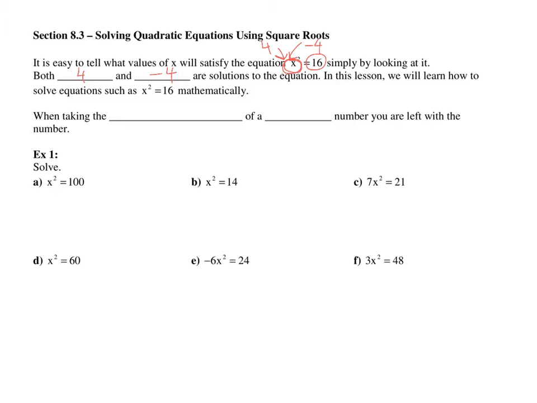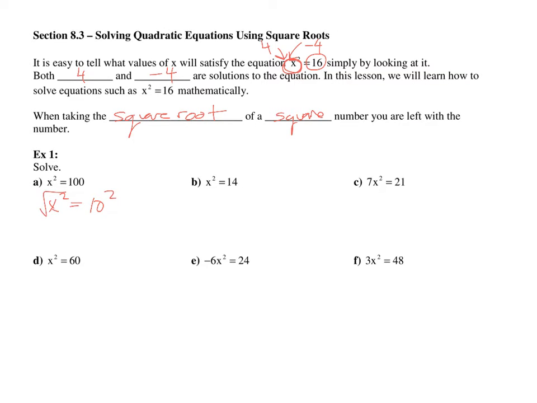In this lesson, we will learn how to solve equations such as x squared equals 16 mathematically. Now, when taking the square root of a square number, you are left with the number. So, for example, x squared is equal to what? It's equal to 10 squared.